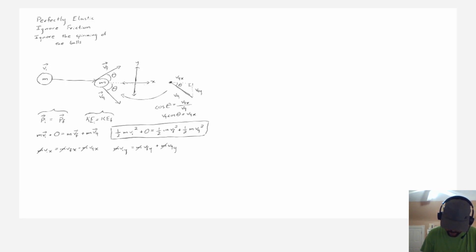So we're going to have velocity initial x, which is just velocity initial, equals velocity final x, which is going to be v final cosine of theta plus v9 x, which is going to be v9 cosine of theta.